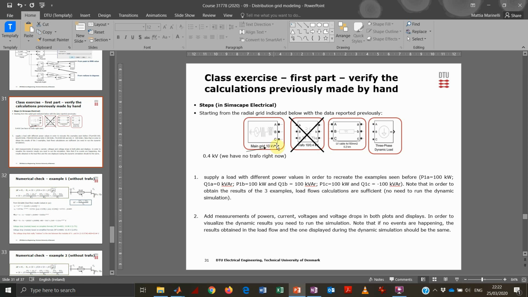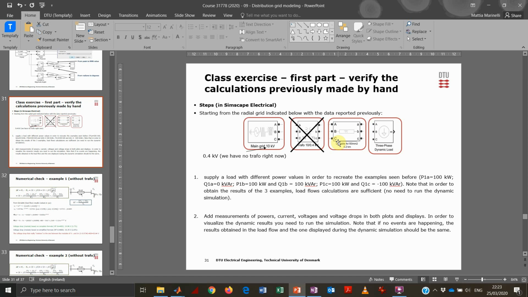So the model that we will build is basically the same that we used for calculating the voltage drop. So we're going to have a certain voltage source, an external grid that is setting a certain voltage. At this point in time, let's not consider any transformer. So let's just assume that our main voltage is 0.4 kilovolt.